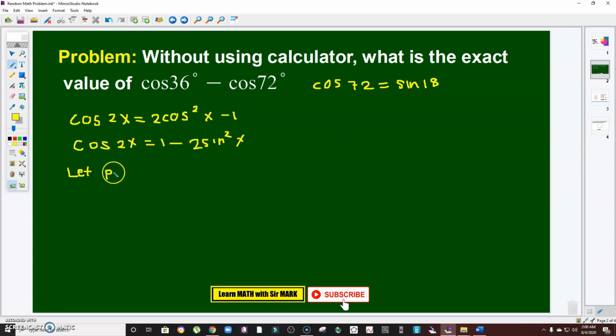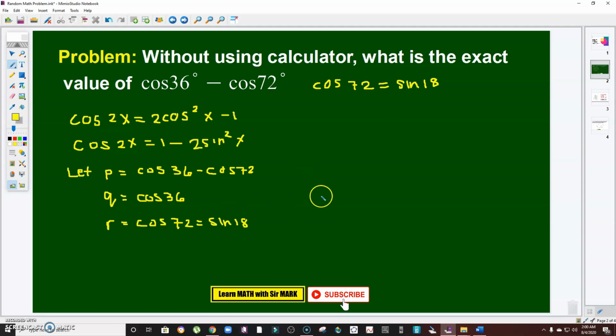Now, what we need to evaluate, let's call it p: cosine 36 minus cosine 72. Also, I'm going to let another variable q be cosine 36, and a third variable r be cosine 72. But as I said, cosine 72 is the same as sine 18.